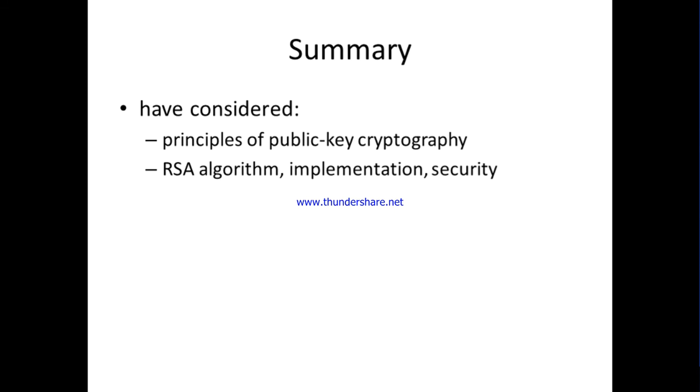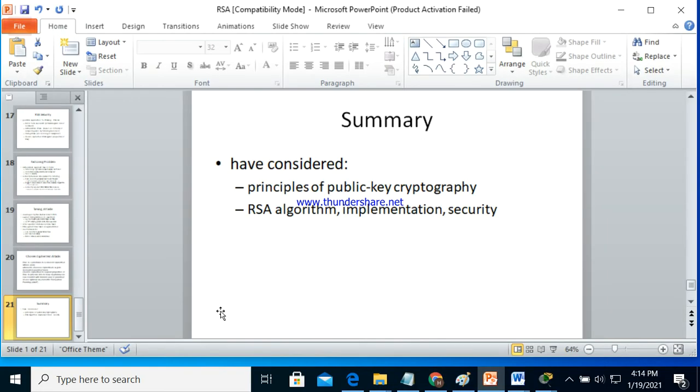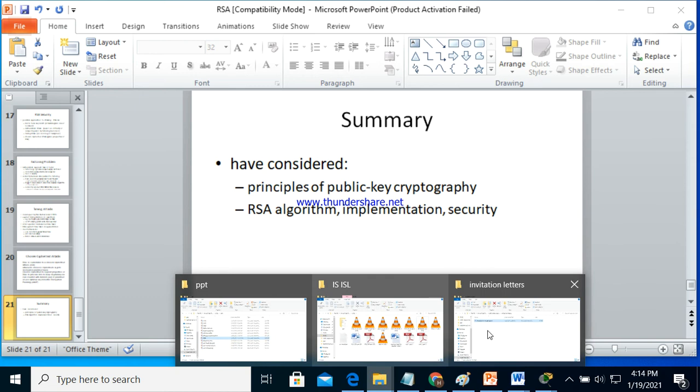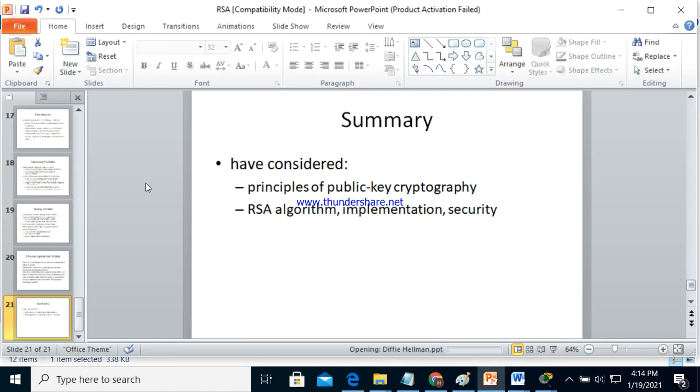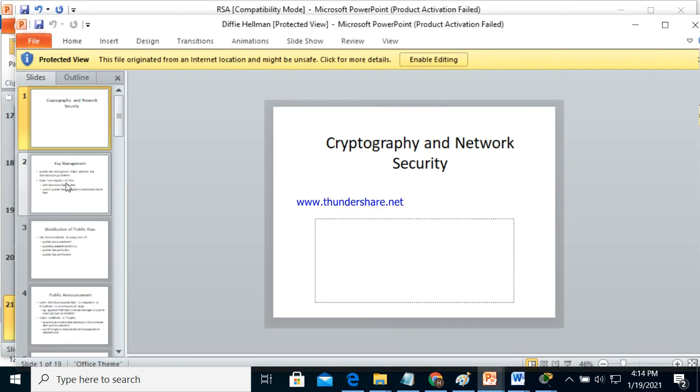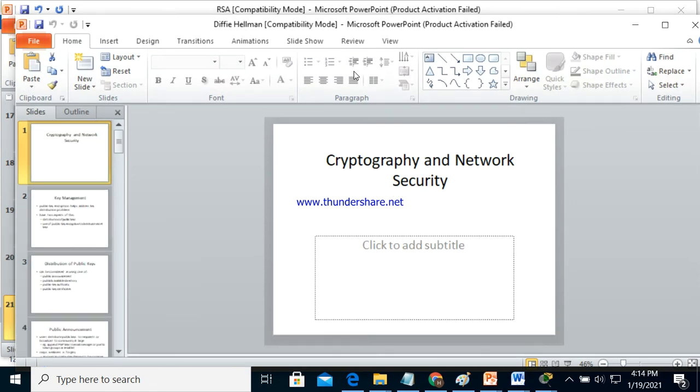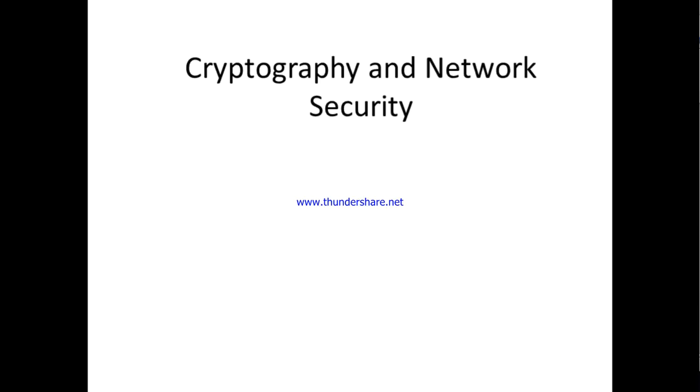So that is about public key cryptography and the RSA algorithm. There is one more use of public key cryptography, that is key management and key distribution. The RSA algorithm we are using for the encryption and decryption process.